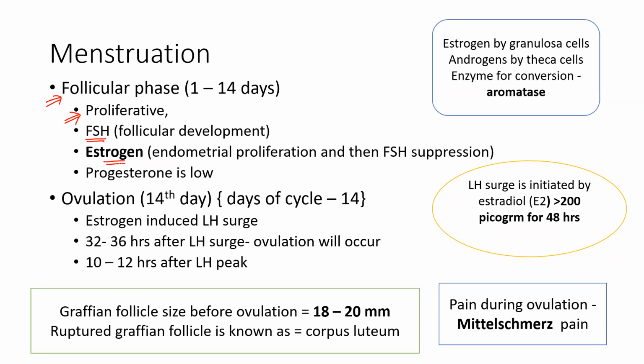But remember, when the estrogen starts working, then the FSH suppression starts because of the negative feedback mechanism. So the first one is the follicular phase, a proliferative phase, in which FSH is acting, and that is why we have follicular development. Next is the estrogen hormone, which is responsible for the endometrial proliferation, and then the FSH suppression.